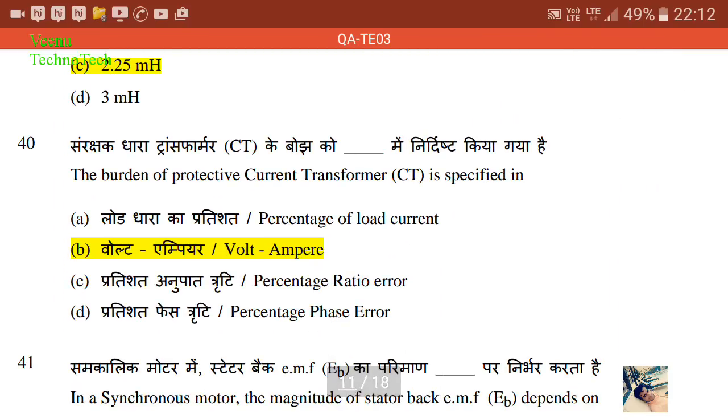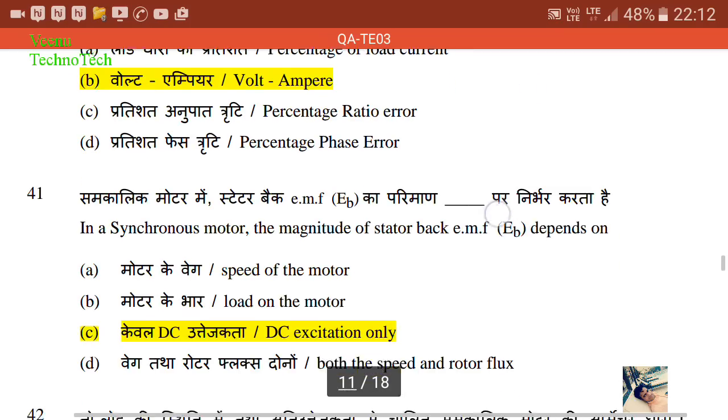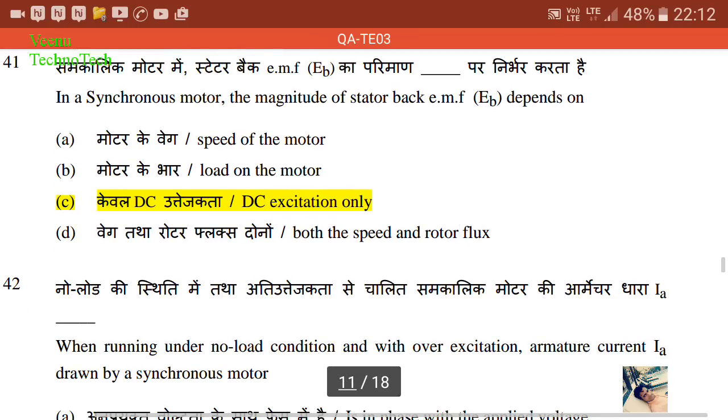The burden of protective current transformer is specified in volt ampere. Not even current transformer, every transformer burden is specified in volt ampere. Next, in a synchronous motor, the magnitude of stator back EMF depends on DC excitation only.